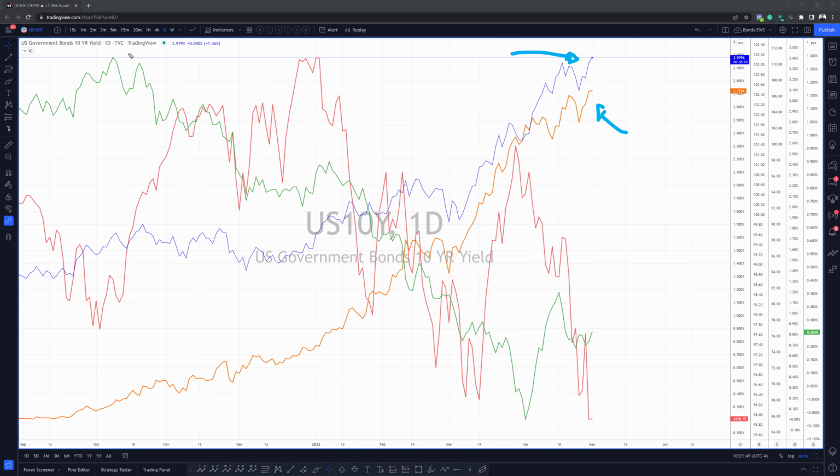So look where the curve reversed around October, November last year when we started seeing high CPIs. The curve started to move down while the S&P continued moving higher. This difference of value was warning that the S&P was in trouble.